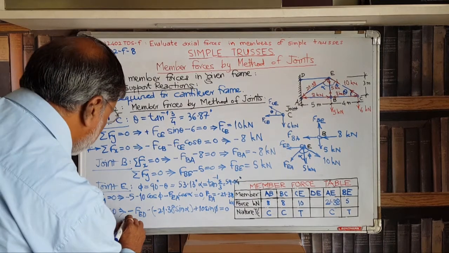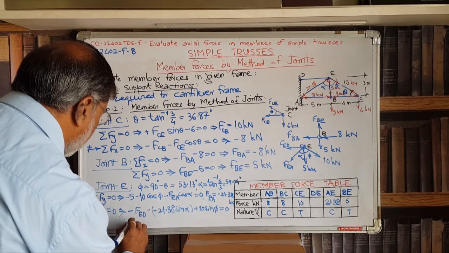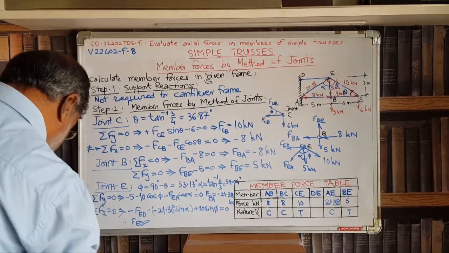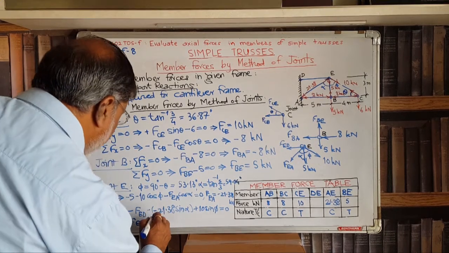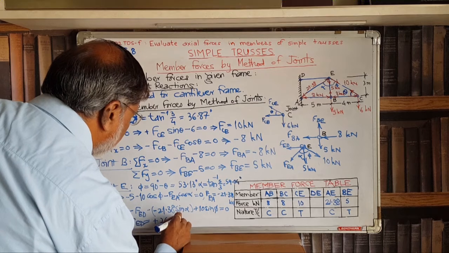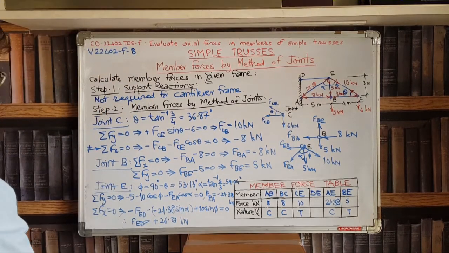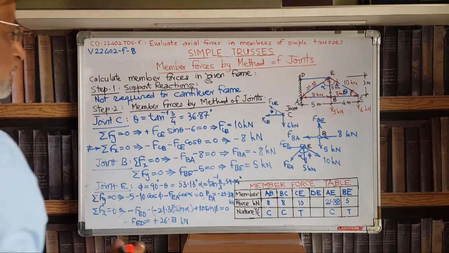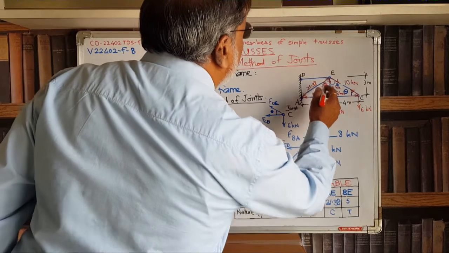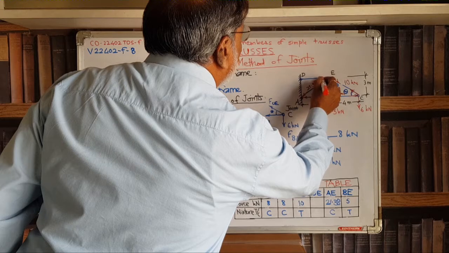So this equation has got only one unknown, that is FED. So this gives us FED on calculation equal to plus 26.33. Since the sign is plus, it is acting away from the joint. So look here, FED away from the joint. Arrow tip is to be shown like this.